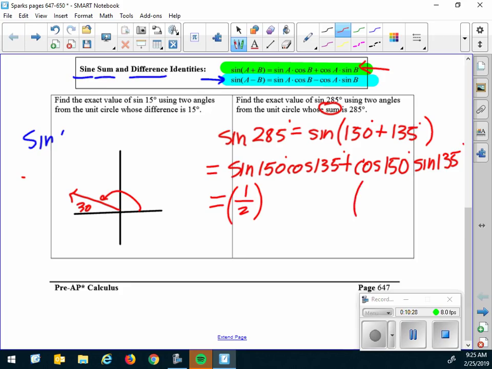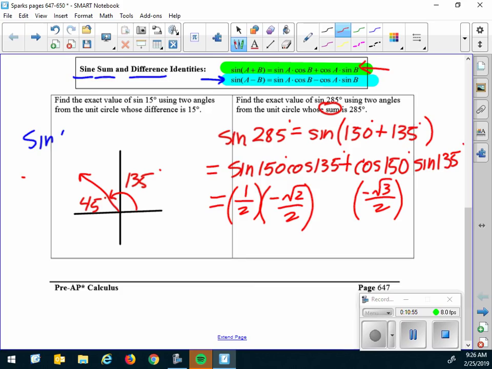The cosine of 150 degrees is negative square root 3 over 2. 135 degrees is also in quadrant 2 with a reference angle of 45 degrees. The cosine of 135 degrees is negative square root 2 over 2. And the sine of 135 degrees is square root 2 over 2.